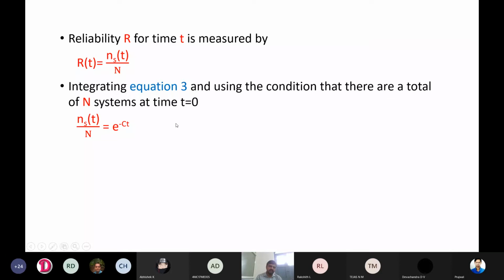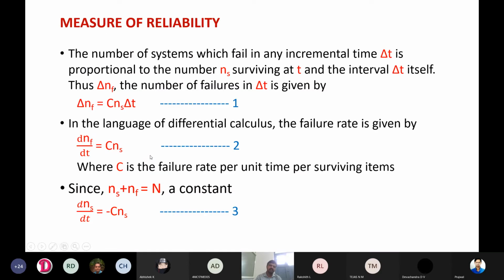So you can consider n systems, the total number of systems or total number of products manufactured. For that you can write it as N_s(t) by N. Instead, the reliability R(t) you can write as e to the power minus ct. You get this by integrating equation 3.